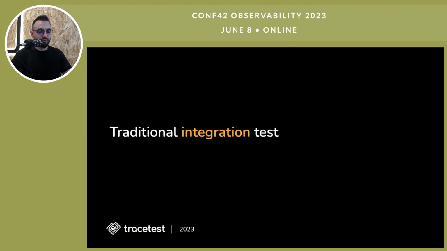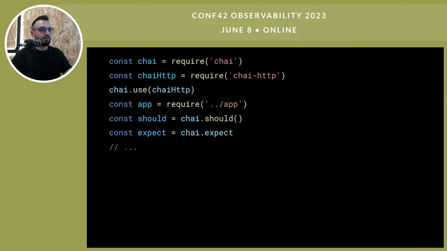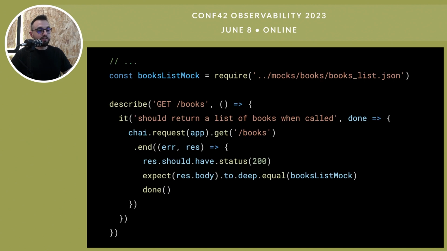A traditional integration test, if you look at it, you have a ton of different modules and imports you have to add into your code. And then from there, you first need to write the mock, and then you have to figure out what you need to mock, and then you need to figure out the structure of it. And if the structure changes, you have to rewrite that.